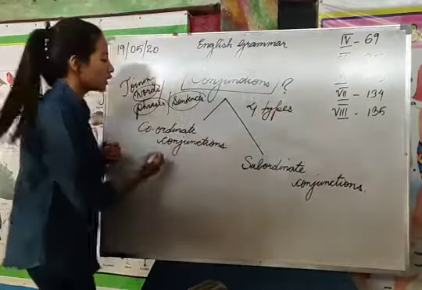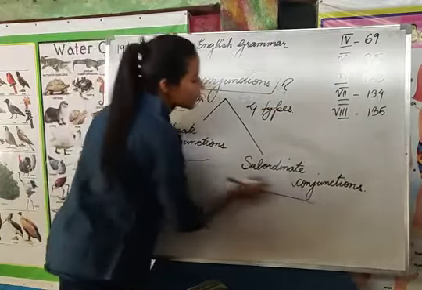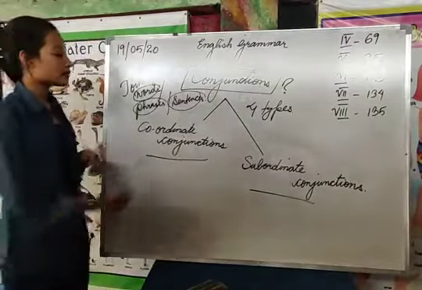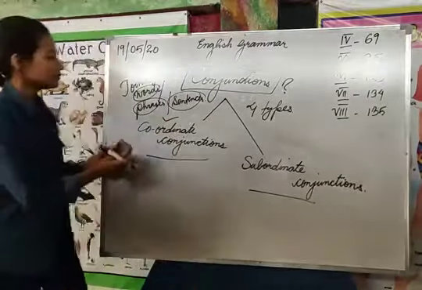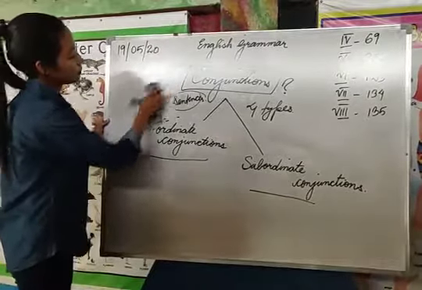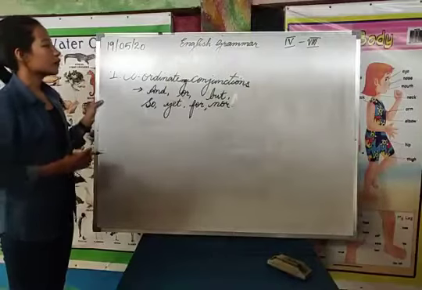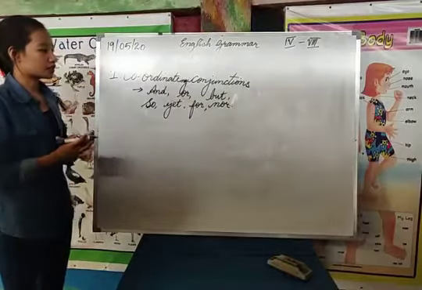But we will discuss only the two important types of conjunctions. First of all, let's discuss coordinating conjunctions.